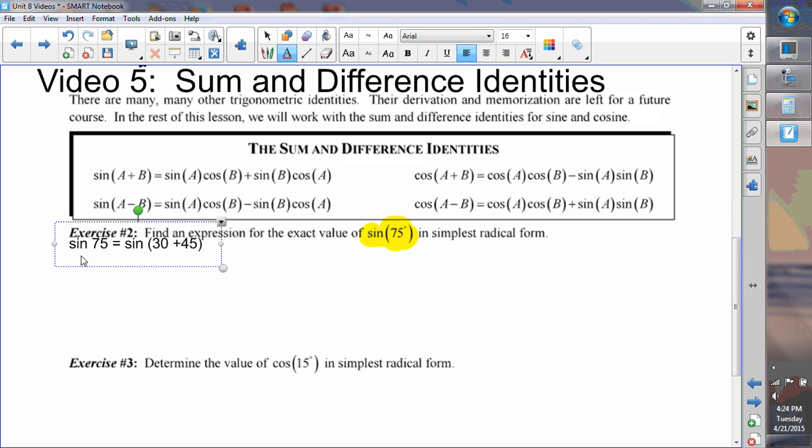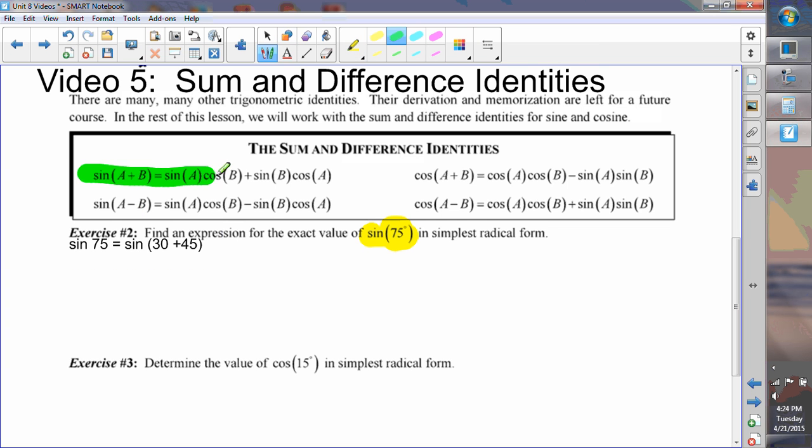Since we looked at the sine of 75 and we said it's actually the addition of two angles, we can now go to our formula sheet, and it will be given on the Regents, like I said, and find a formula that has the sum of two angles and has the sine in it. And you can see it's the one I have selected.